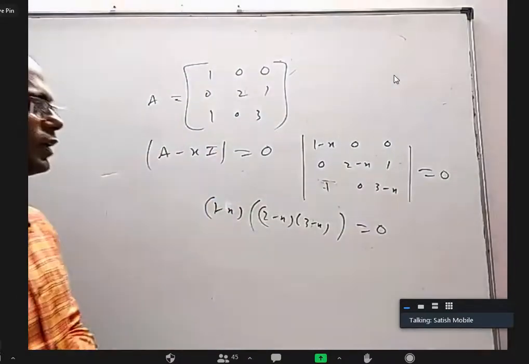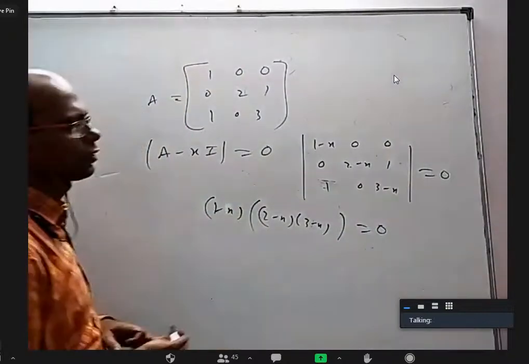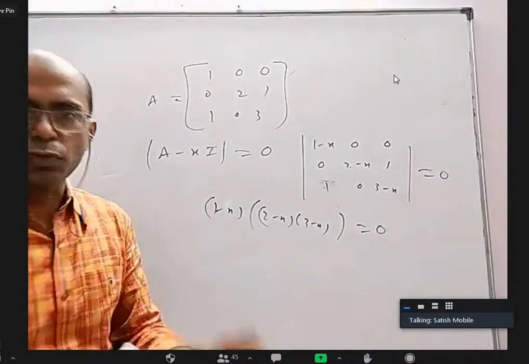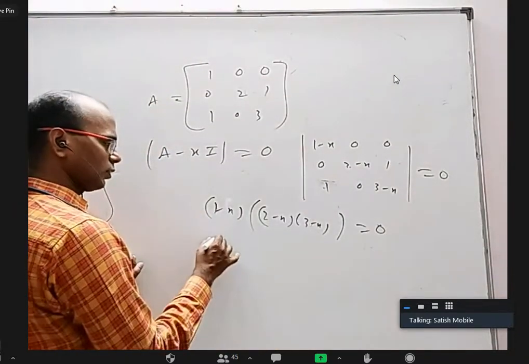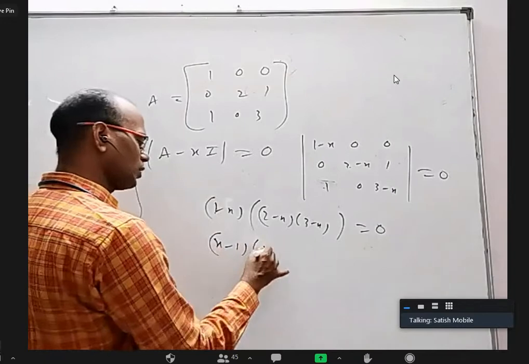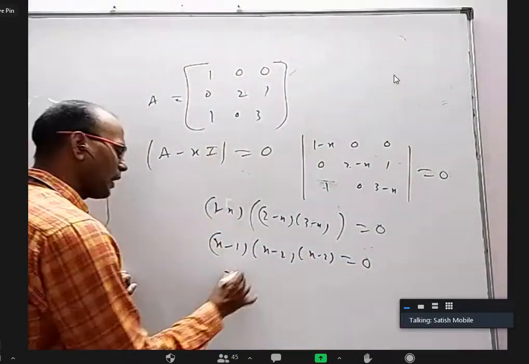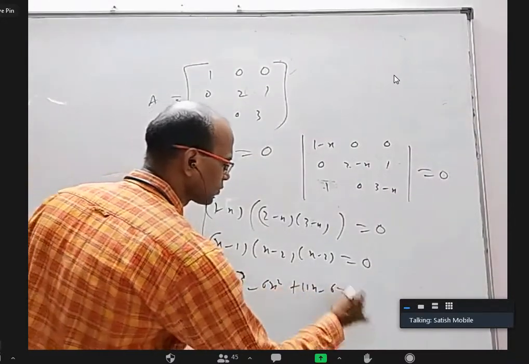Taking minus common everywhere, I can write this as x minus 1 into x minus 2 into x minus 3 equal to 0. If I expand, I get x cube minus 6x square plus 11x minus 6 equal to 0.